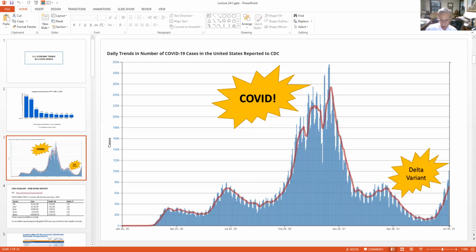And it's even able to pass through the barriers, the antibodies that are produced as a result of vaccinations. So the new Delta variant is a major contingency, and likely we will see that that spike, that spurt over on the right side of the graph grow up higher before it goes back down again.